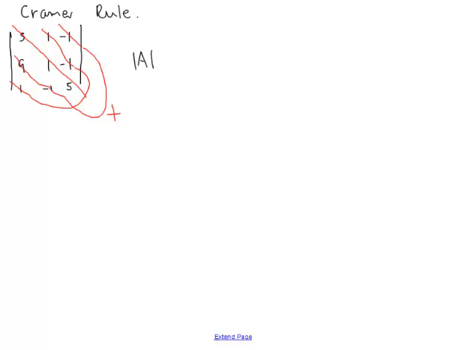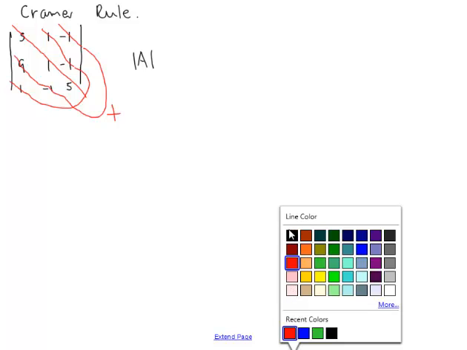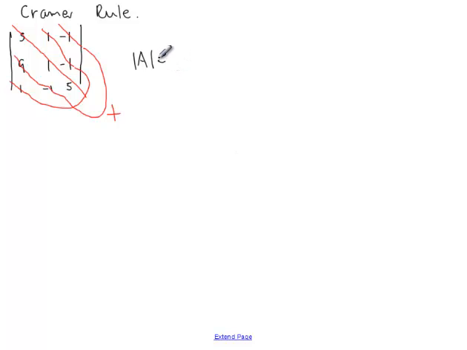So what am I going to write now? Check what I'm going to write. I'm going to write equals 5 by 1 by 5 plus 1 by minus 1 by 1 plus minus 1.